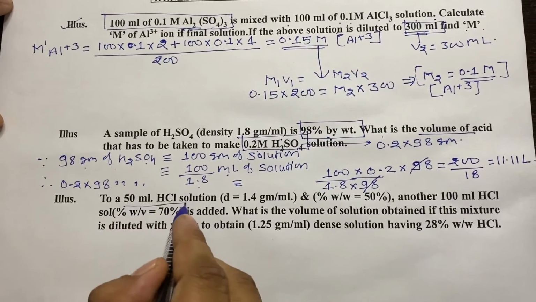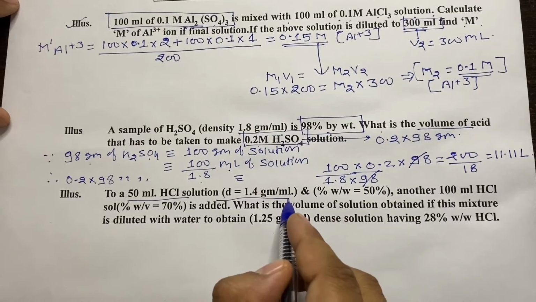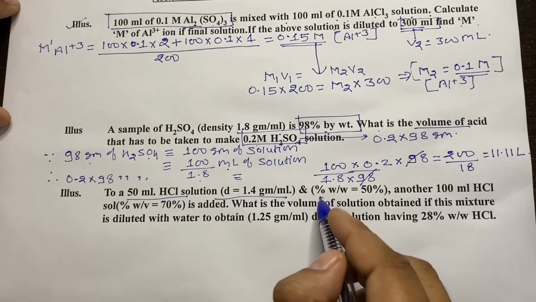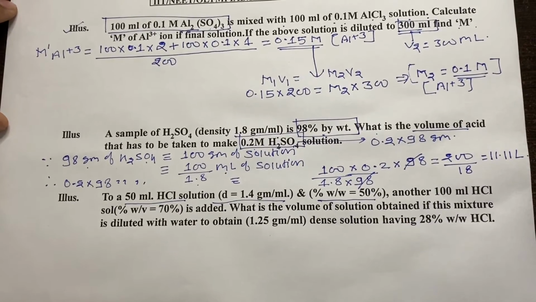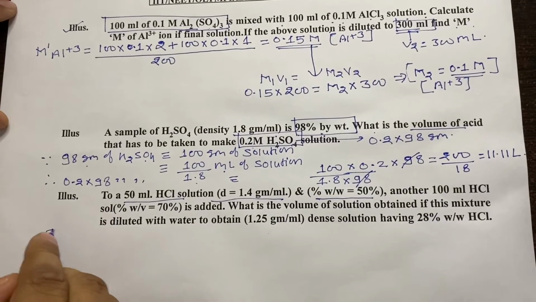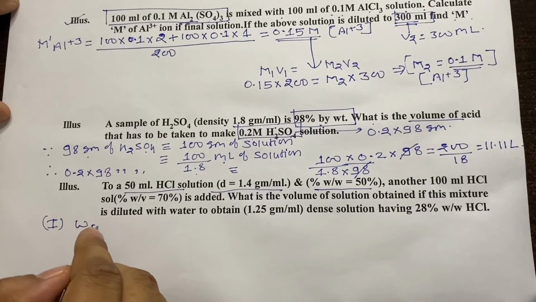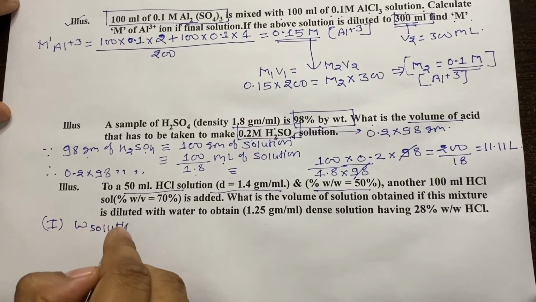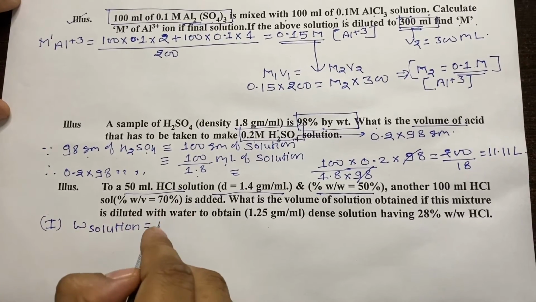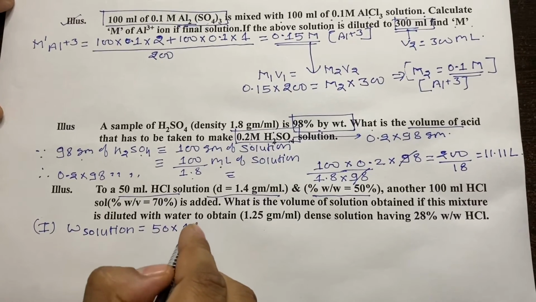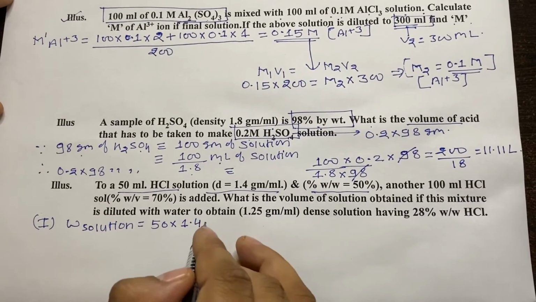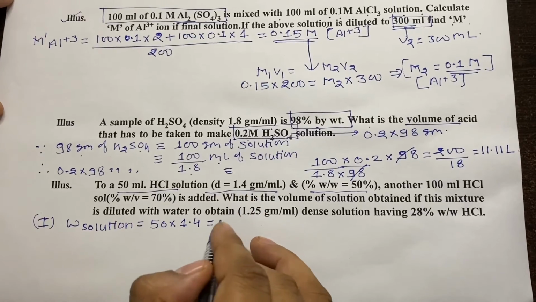To a 50 ml HCl solution, density 1.4 gram per ml, percentage W by W is given as 50%. From the first information, simply we can calculate the weight of solution, which will be equal to 50 into 1.4, since mass equals volume into density, and this will give 70 gram.